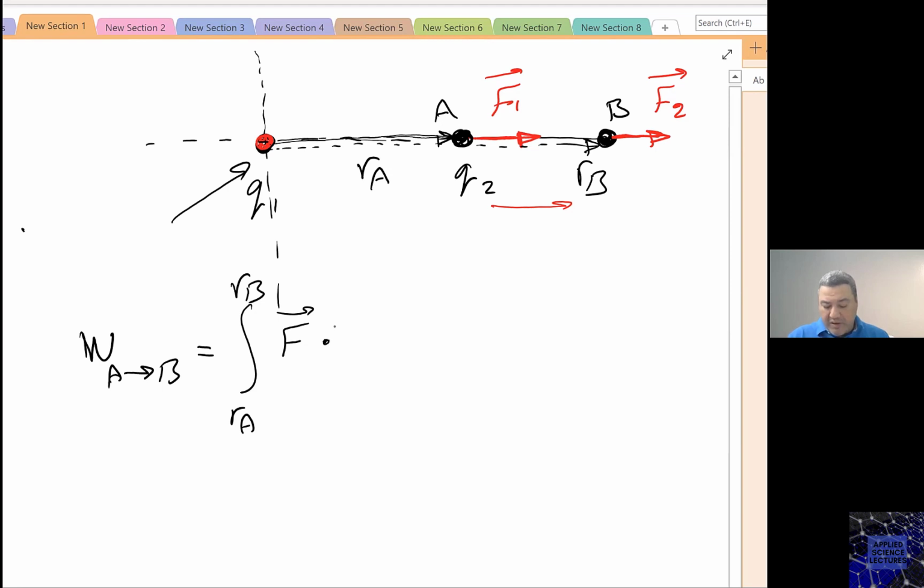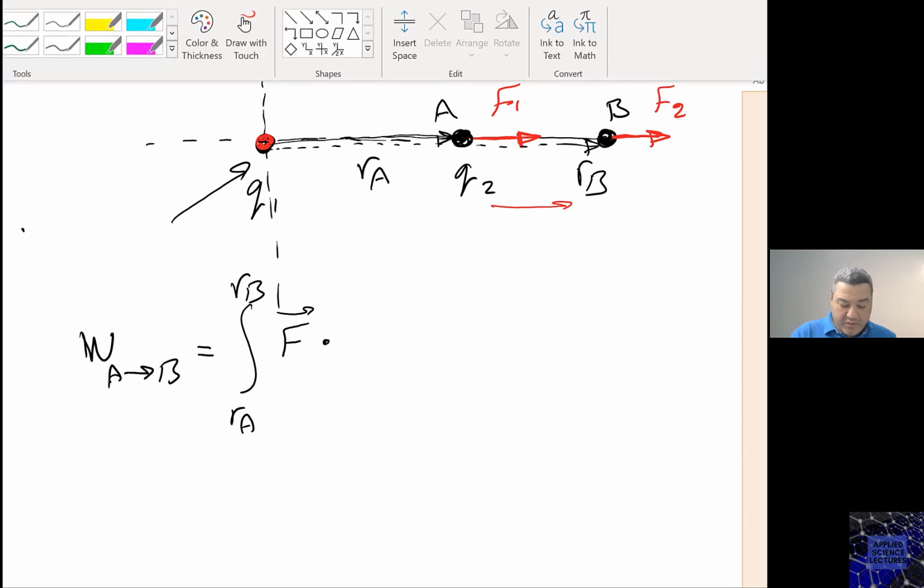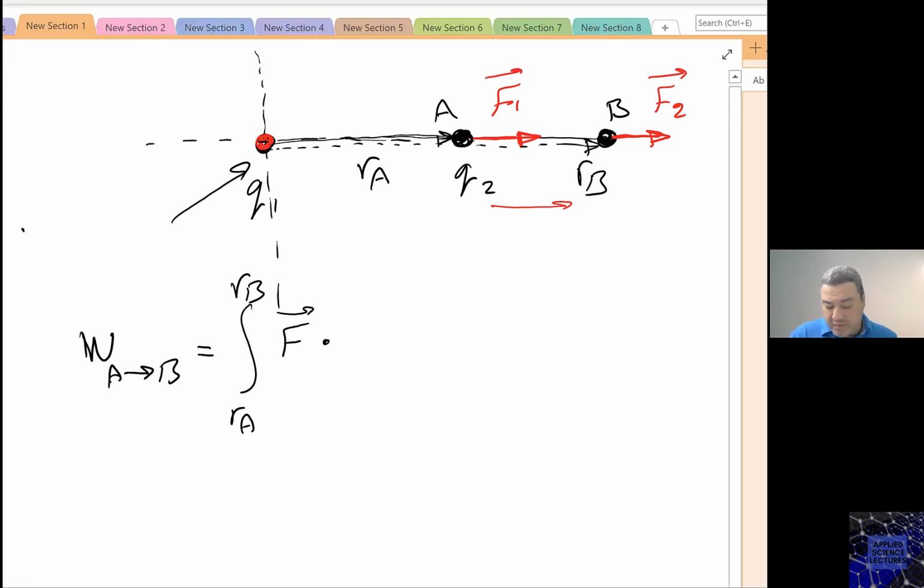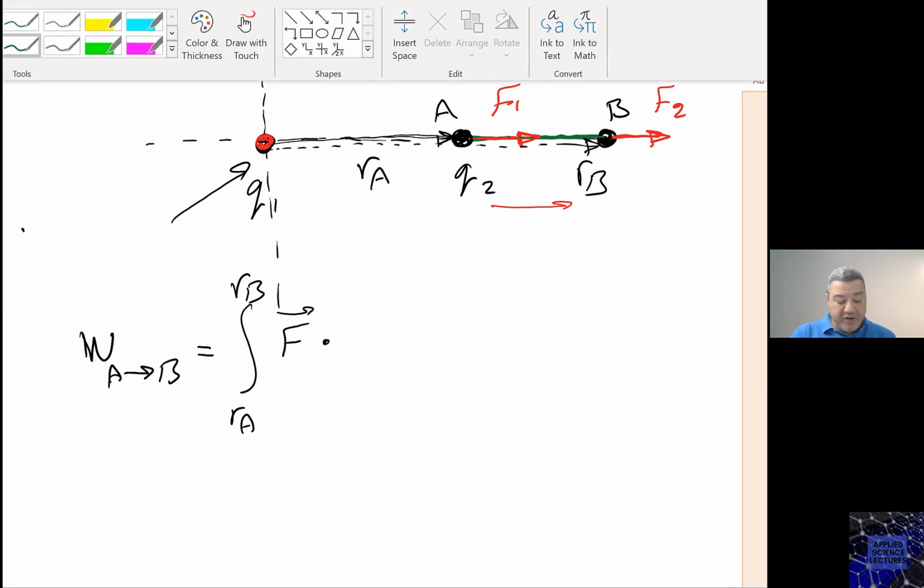Now this path, if I am to integrate along this path, I have to pick my differential element here.